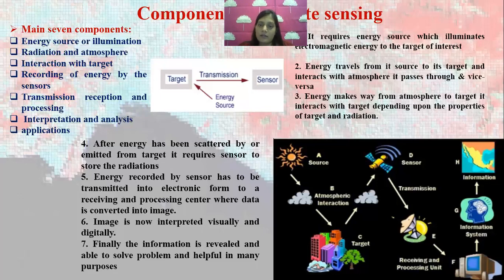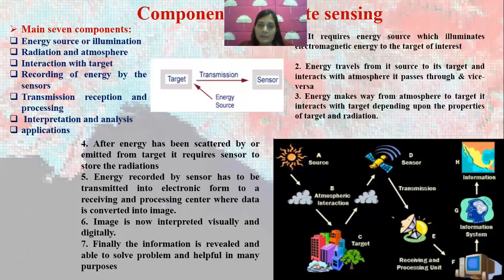So this is the whole set of components of remote sensing. The process is very important. You have already discussed this, but here I have discussed all the things in detail, and surely that will be very helpful to you, because by understanding this process only, further on you will understand the next module: how remote sensing works, why it is important, and what can be done. So the components of remote sensing are very important, and this is how the seven main components should be remembered by you.